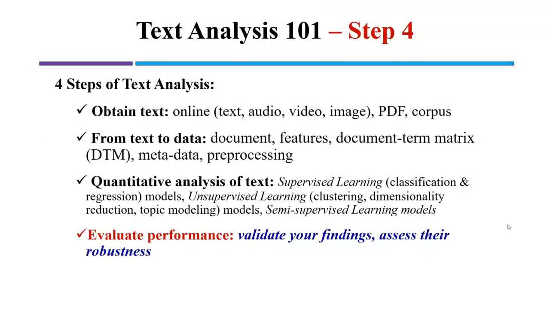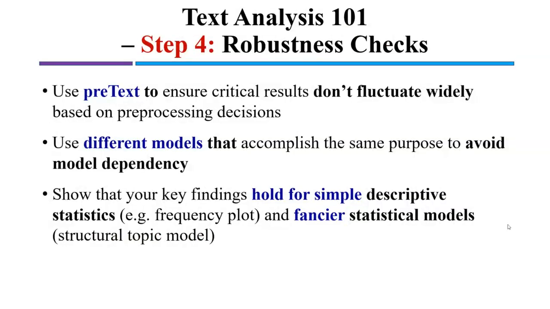So the last step, after you finish all those data analysis, is very important. You also try to apply multiple different methods, to see whether through different methods and different models you can come to the same conclusion. In that way, your result is robust.